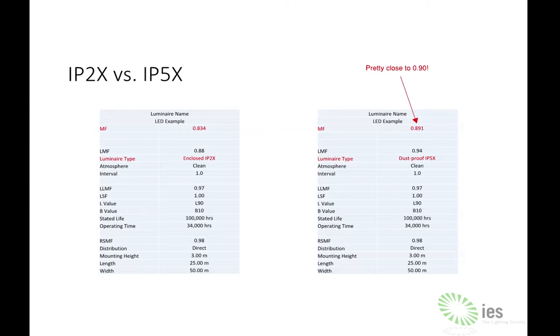So you can get a holistic maintenance factor of 0.9 with an LED luminaire, with a quality luminaire in a clean, dust-proof environment. It's certainly possible. And that downlight we had that was overkill in that bathroom earlier, that certainly was beyond 0.9.